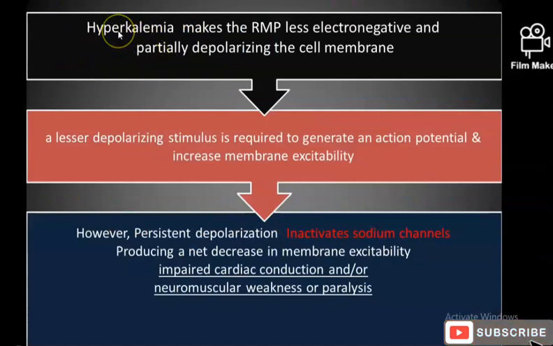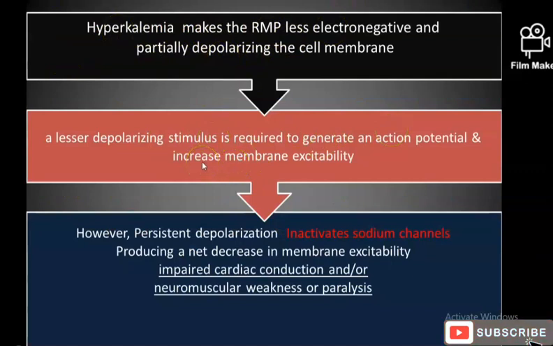So hyperkalemia makes the resting membrane potential less electronegative. So that means it changes from minus 90 millivolts to minus 70 millivolts, and that can lead to partial depolarization of the cell membrane, and a less depolarizing stimulus is required to generate action potential, and that can increase the membrane excitability.